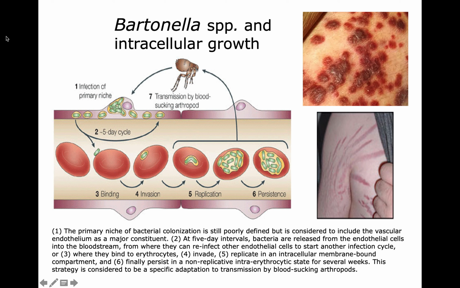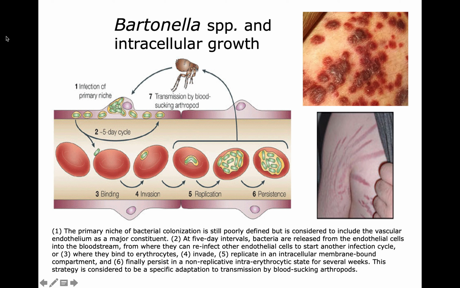When they are released into the bloodstream, one of two things may happen. They may reinfect another endothelial cell, or they may infect the red blood cells flowing along within the blood vessel. The takeaway about this Bartonella is that it is a stealth pathogen that has two cells in which it infects.